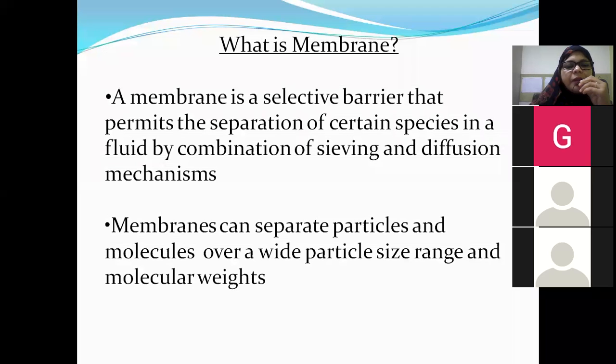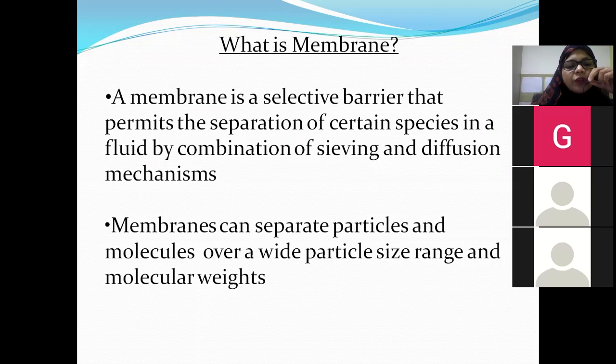Membranes can separate particles and molecules. So what can they separate? They can separate small particles like sand, gravel, leaves, whatever solid particles are there in the water as impurities. They can also separate molecules like proteins, carbohydrates, fats.